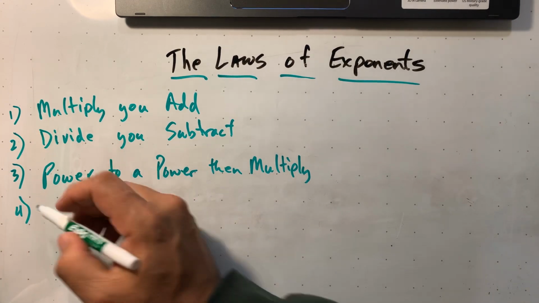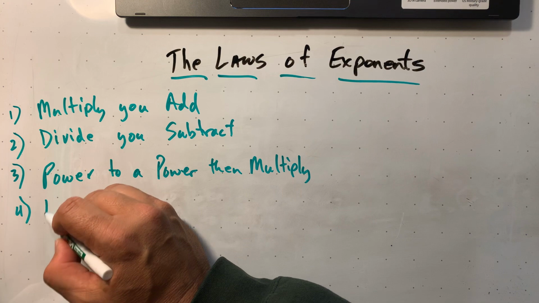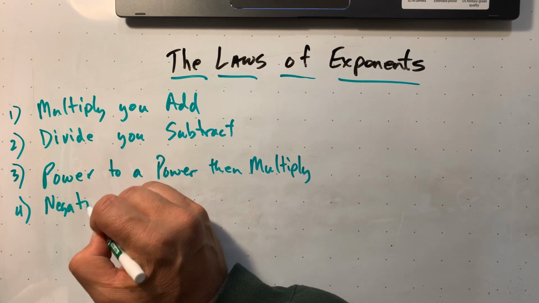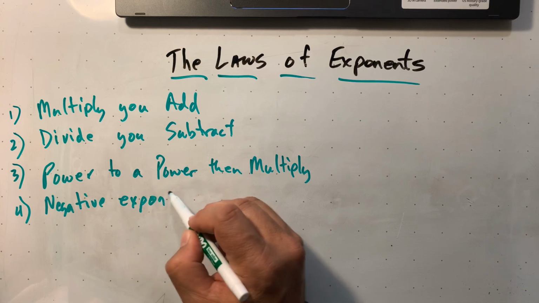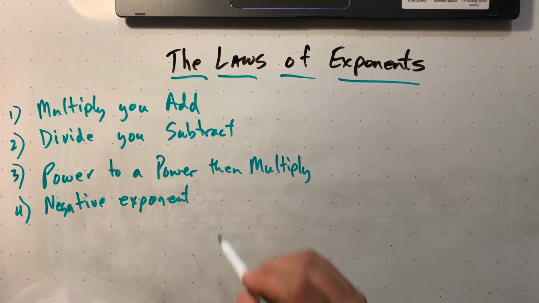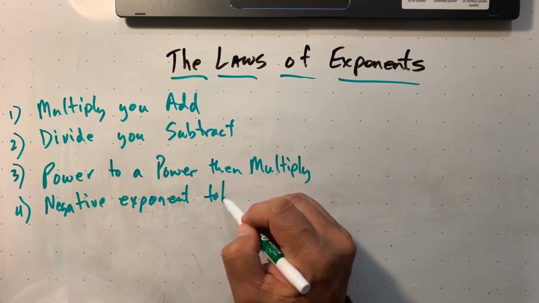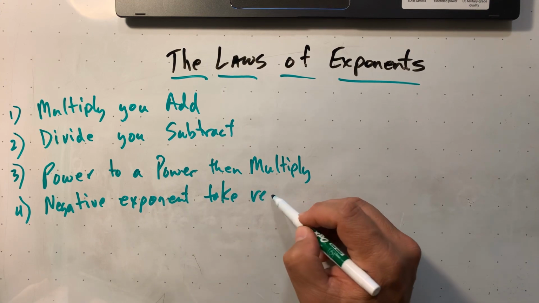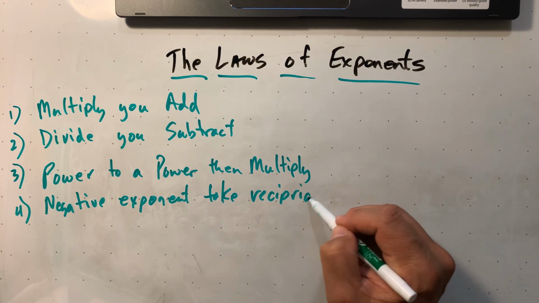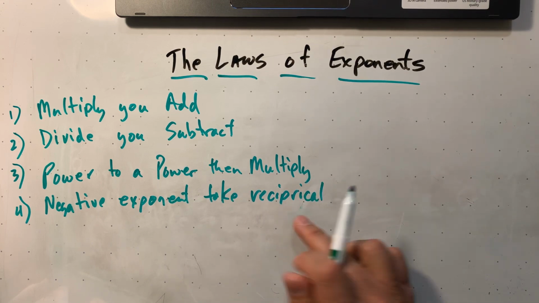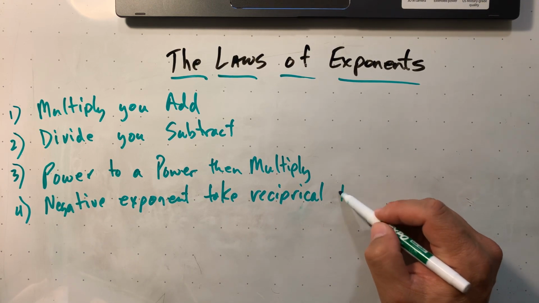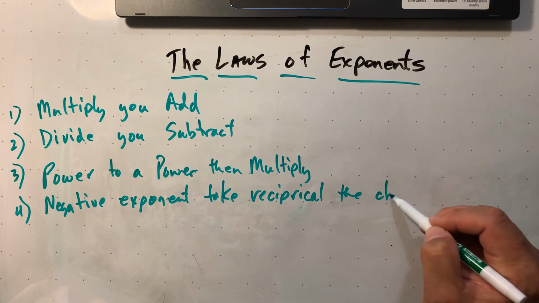The fourth tip is no negatives. So when you have a negative exponent, you're going to take the reciprocal. Take the reciprocal and then change to positive.